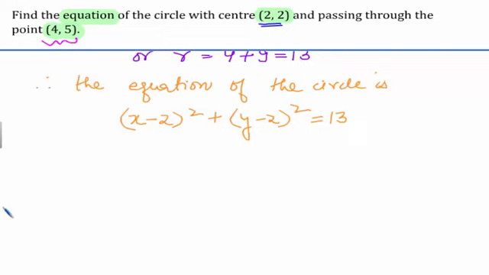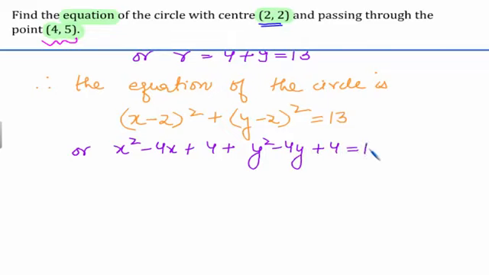Now this can be simplified further, or x square minus 4x plus 4 plus y square minus 4y plus 4 is equal to 13. This further implies that x square plus y square minus 4x minus 4y.